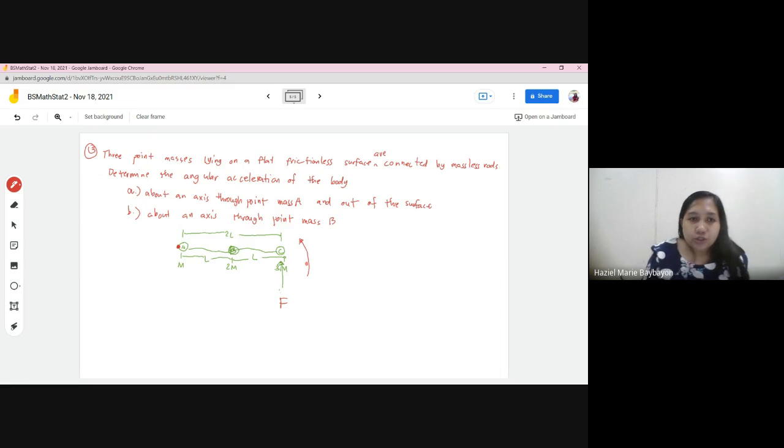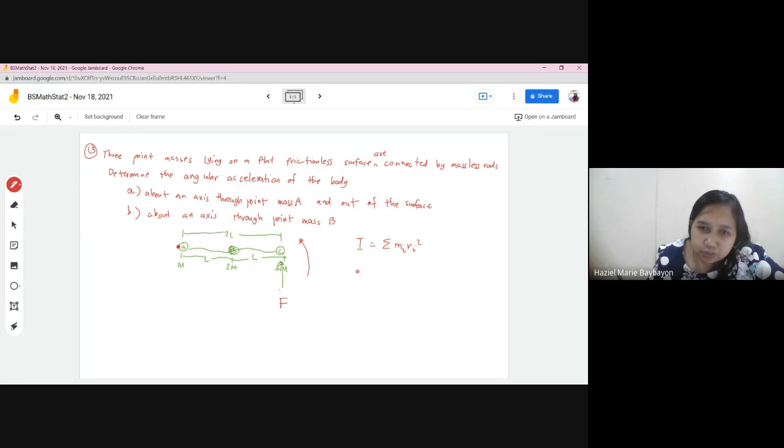Alright. So, our approach is to find first the moment of inertia. Okay? So, the moment of inertia for point masses is equal to the sum of the individual moments of inertia of each point mass, m_i r_i squared. So we just sum it up.